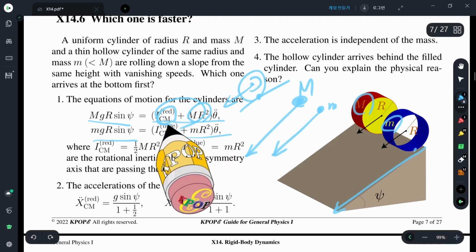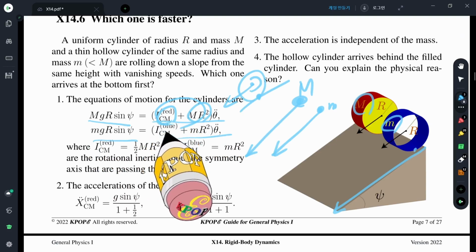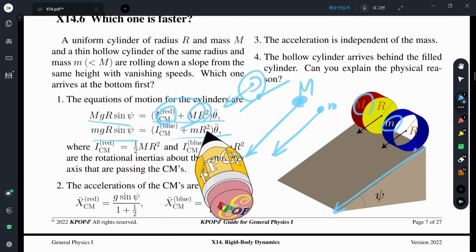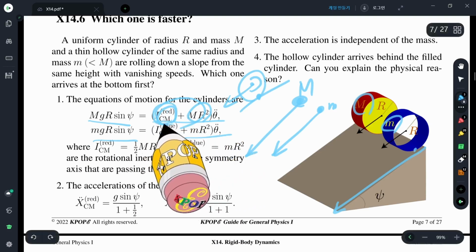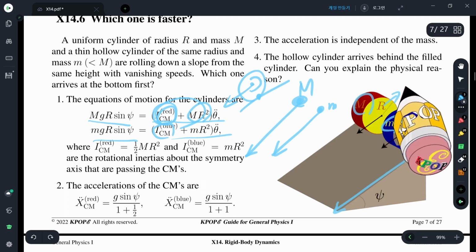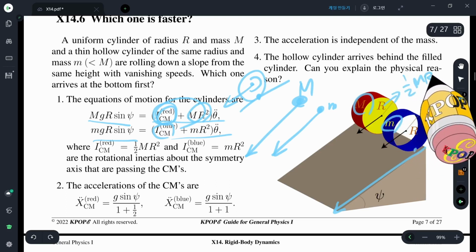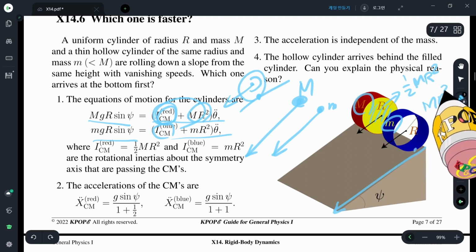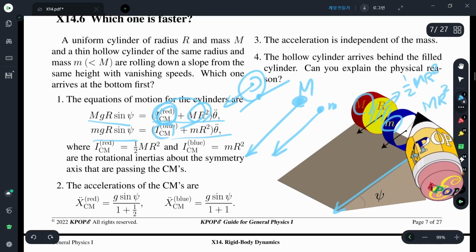Anyway, the two objects have the same mass, so capital M and small m cancel out exactly. However, the structure is different. This one has a moment of inertia 1/2 mr squared, a uniform disk, and this one is mr squared. So we have a factor of 2 difference.